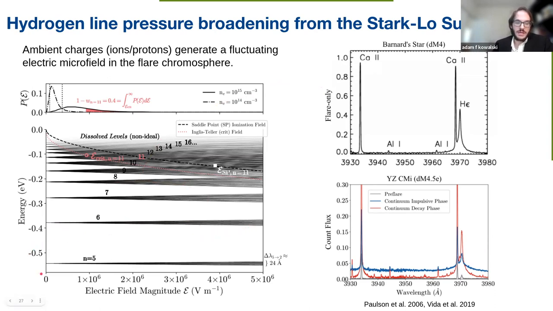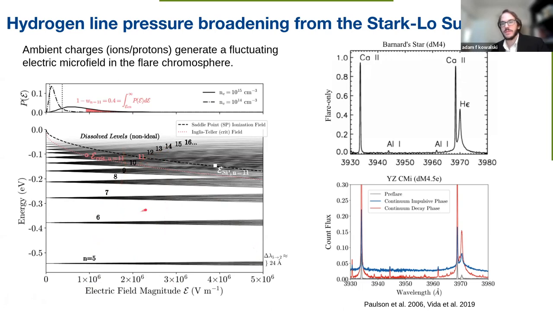As the electric field magnitude increases, the splitting of the hydrogen line increases, and you have much larger splitting for the high order transitions. For example, 14 to 2 would be broadened in much more than 5 to 2 for a given field strength.